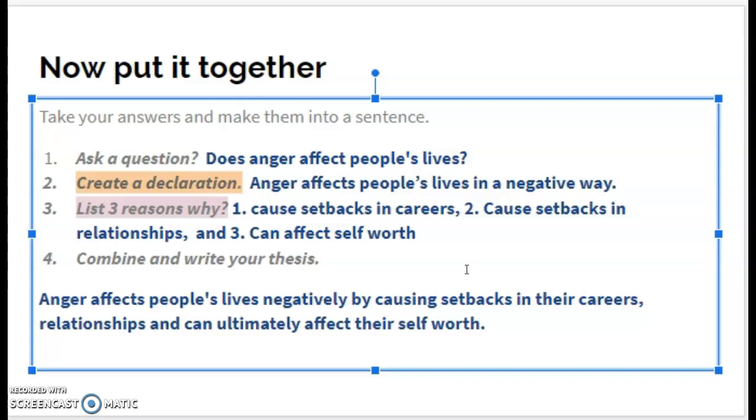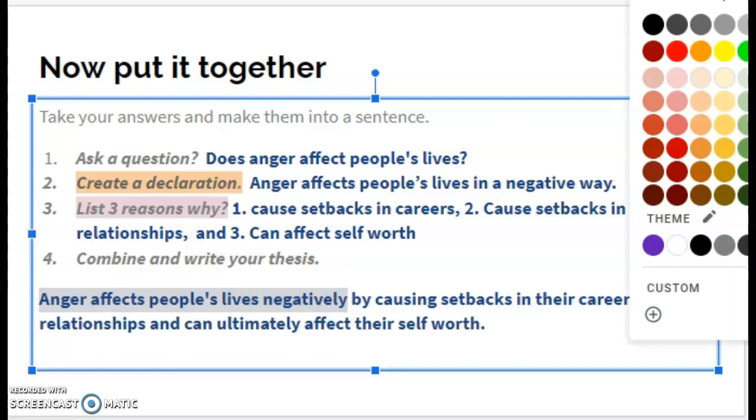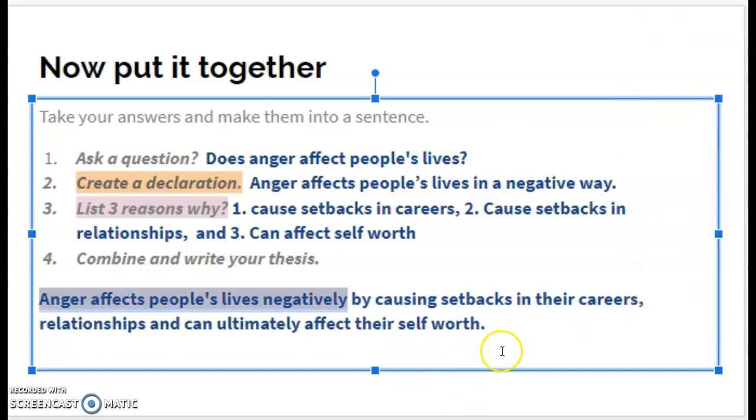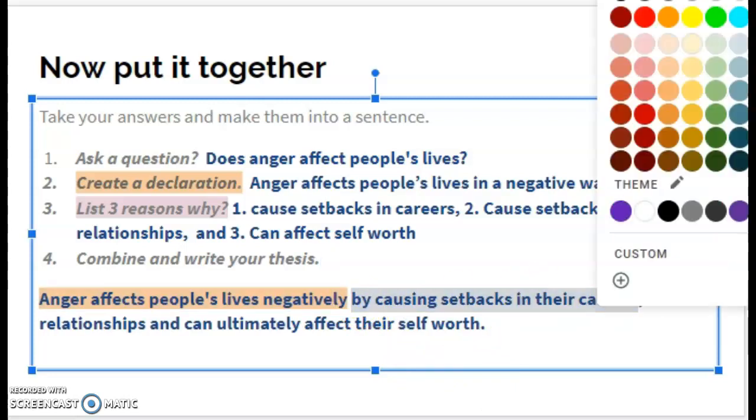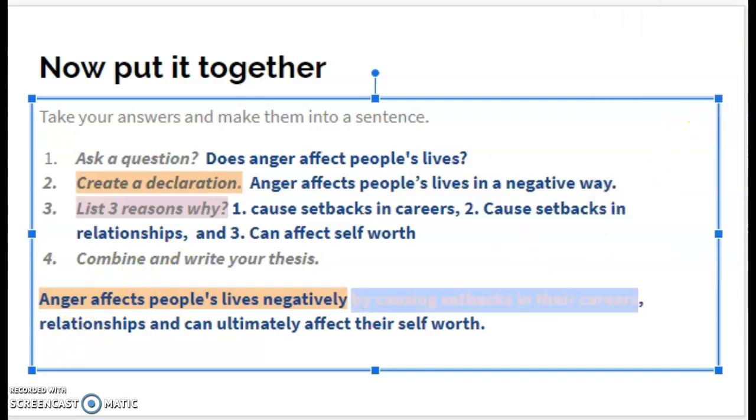Now I'm going to combine my statement and my reasons together to make my sentence. And I may have to play with the wording. So notice in my declaration, it says anger affects people's lives in a negative way. Well, I really wanted to change that to make it flow smoother. So what I changed it to is anger affects people's lives negatively. So see how I changed that? It's going to flow smoother with the rest of it by causing setbacks in their careers, oh, I'm very sorry.